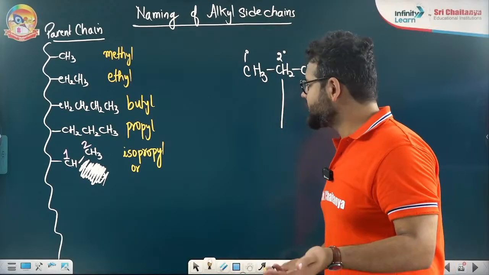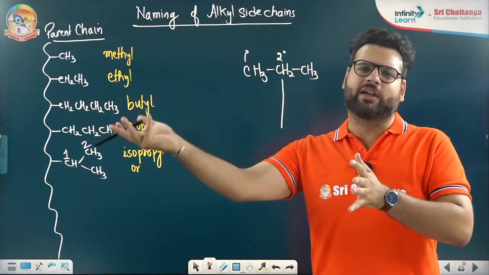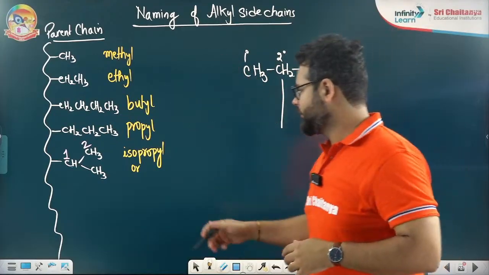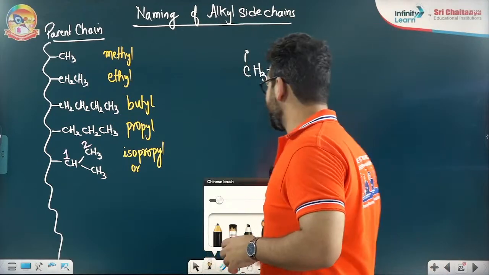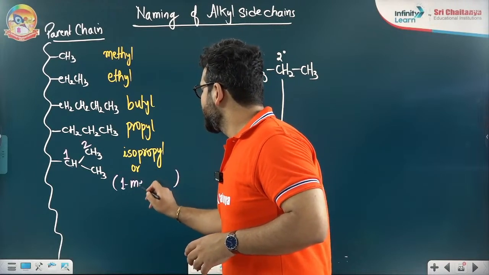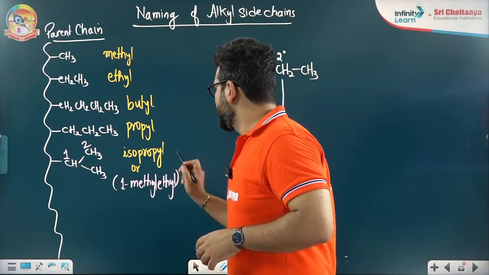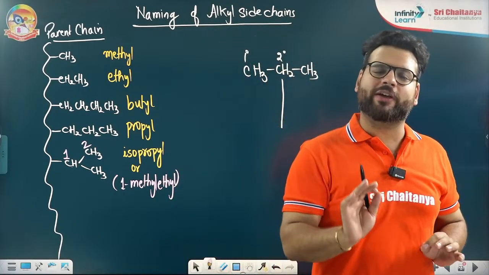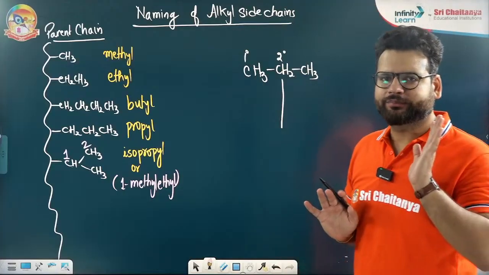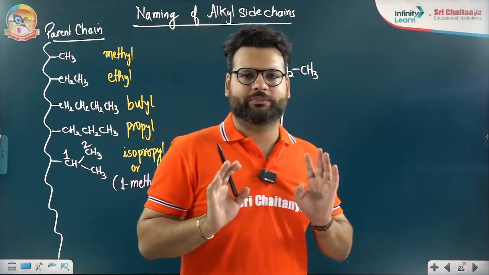It's an ethyl with a substitution at number 1, a methyl on number 1. So 1-methyl ethyl. Its other type of naming will be done in brackets as 1-methyl ethyl. This is also the name of isopropyl. 1-methyl ethyl is nothing but isopropyl.